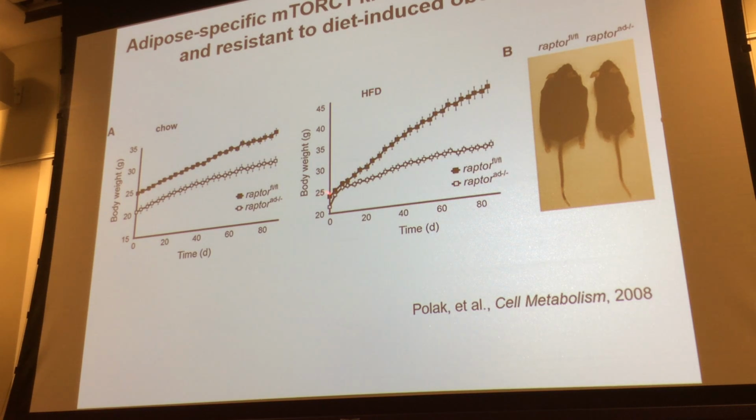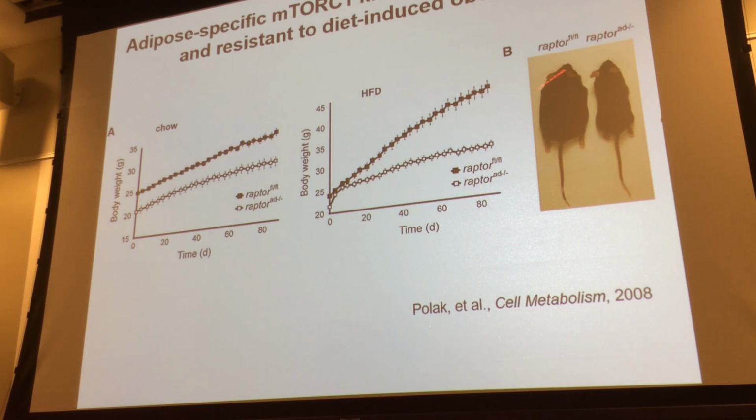And you can see that the wild type mouse gains weight rapidly, so you can make it fat. While for the mTORC1 knockdown or knockout mouse, it's almost resistant to this HFD. And again, this is an example of the mice. You can see the very dramatic difference.